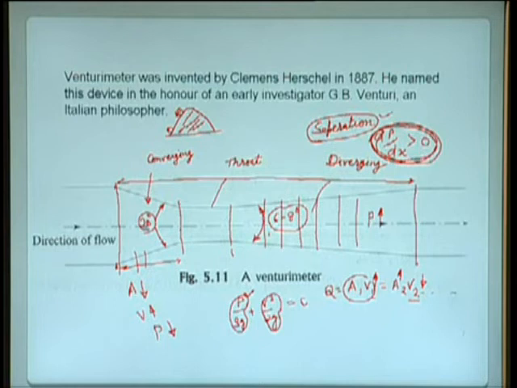Rolling back of the football in this direction is assumed to be the flow separating. But if you hit the football in this direction, it will keep moving in this direction. There is no question of rolling back; it will move only in the forward direction.